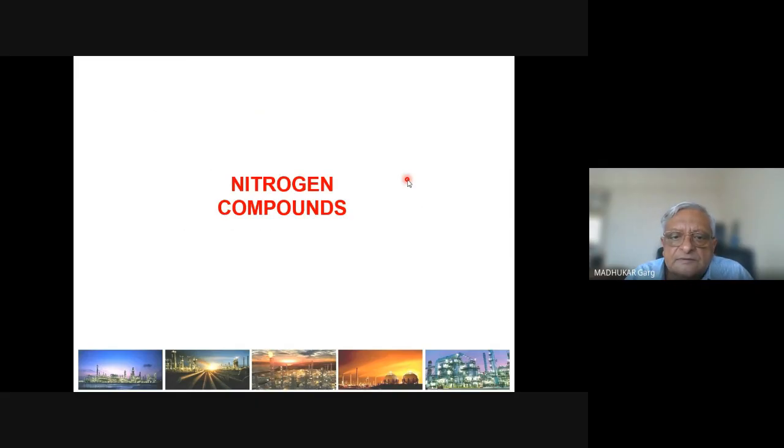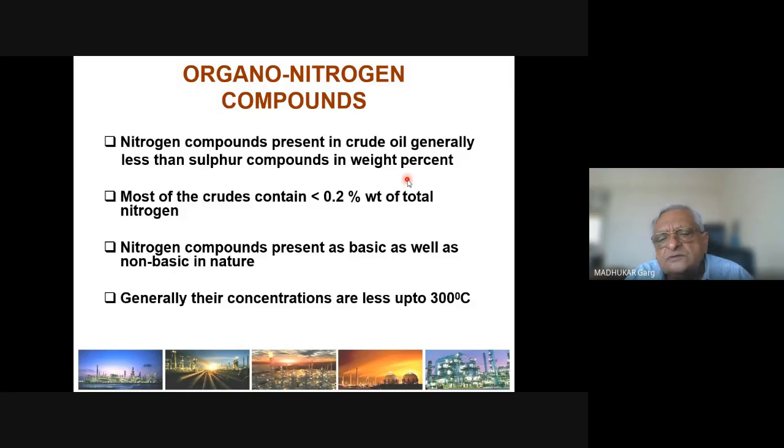Coming to the nitrogen compounds, they are also, as I told you, present in some crude oils, not all, but more and more present as you go up in molecular weight. Oxygen and nitrogen are much lower than sulfur. You have both kinds of nitrogen compounds, basic as well as non-basic.